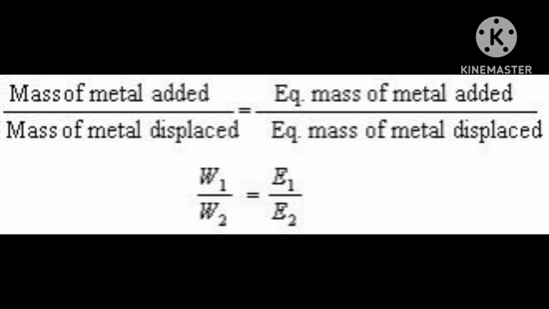Now the third method, the chloride formation method. A known weight of the element is converted into its chloride directly or indirectly, whose weight is determined. Here, equivalent weight of the element is the weight of the element which combines with 35.5 gram of chlorine.